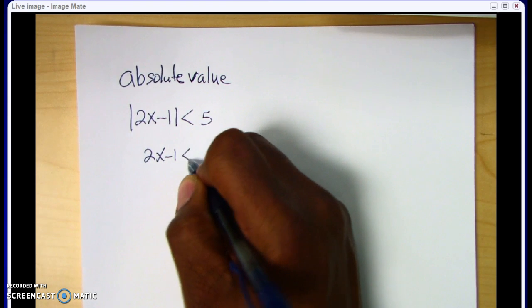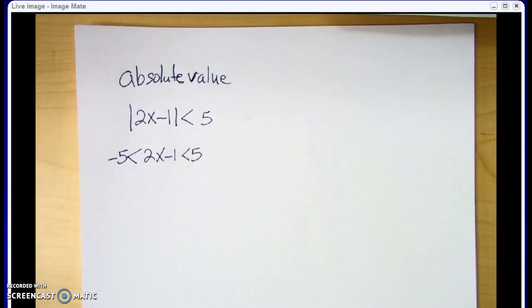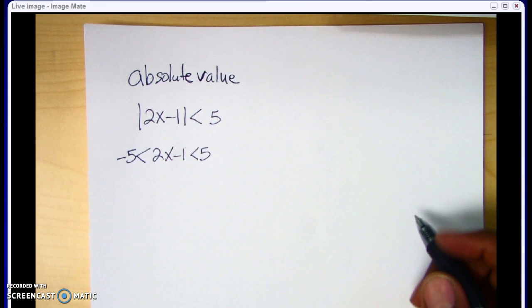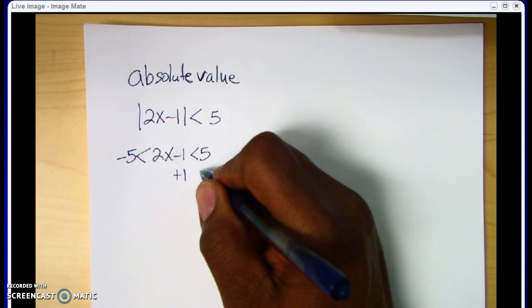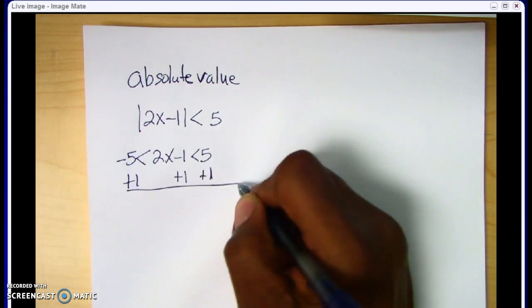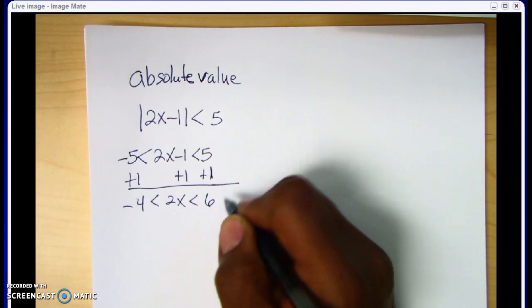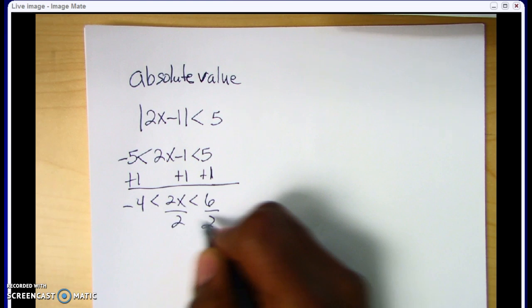So what do we have here? 2x subtract 1 is less than 5, and you make it greater than negative 5 right there like that. So then you work all parts of it. You end up with what? Negative 4 is less than 2x, which is less than 6. Divide by 2.